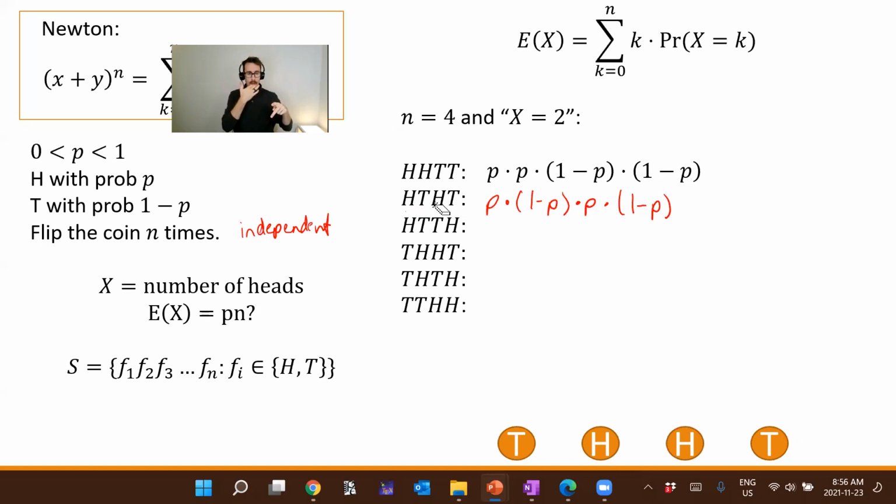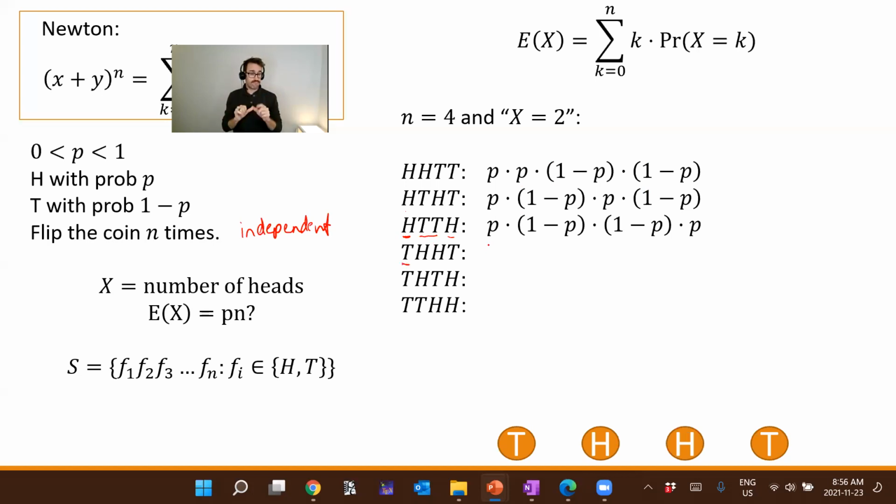Now for the next one, I have heads with probability p, two tails with probability 1 minus p and 1 minus p, and then heads with probability p. So I get p times 1 minus p times 1 minus p times p. And we can keep going that way.